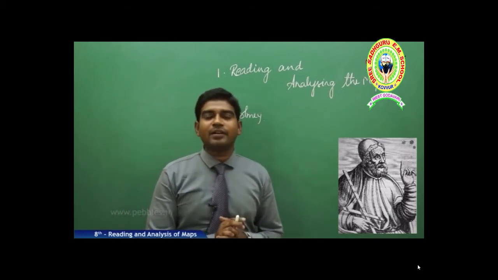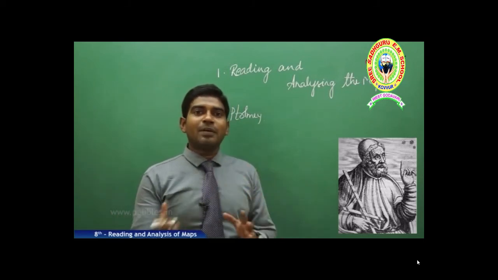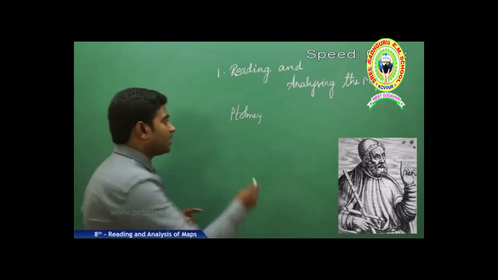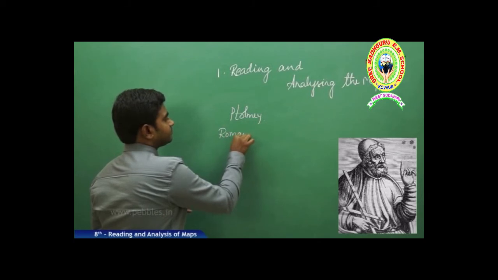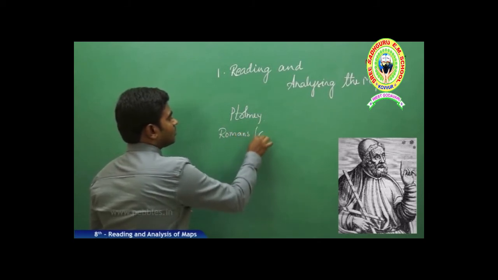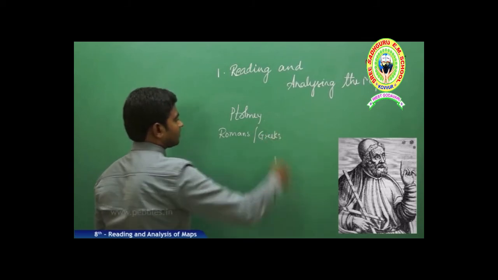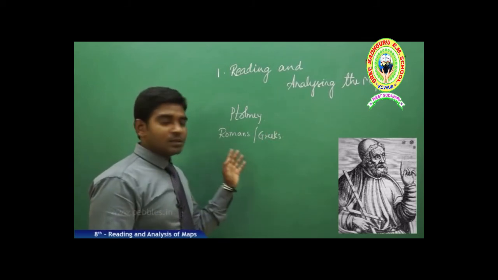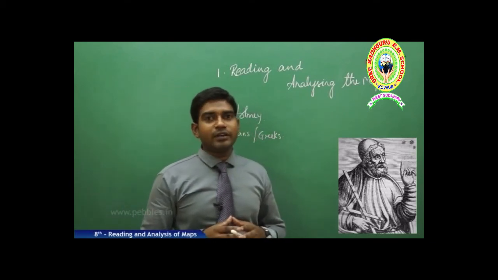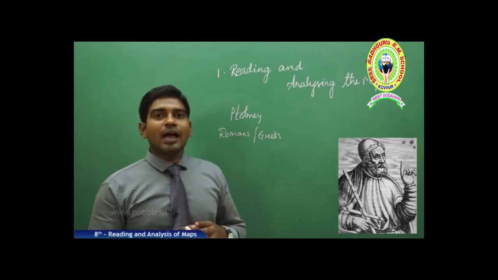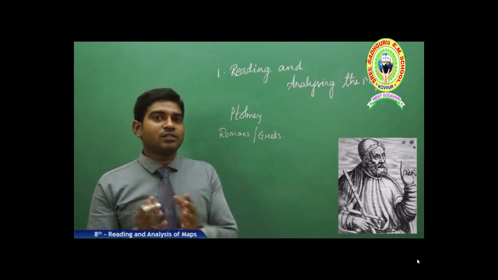But coming to the actual reality, we could not find any maps traced by them by the middle part of the century, either by the Romans or the Greeks. The Romans and Greeks both tried their level best to maintain maps for various reasons.